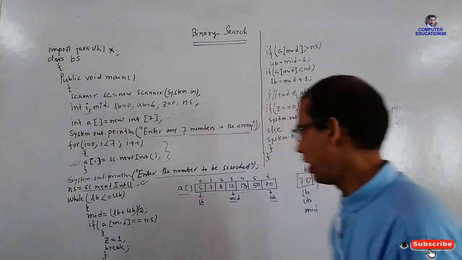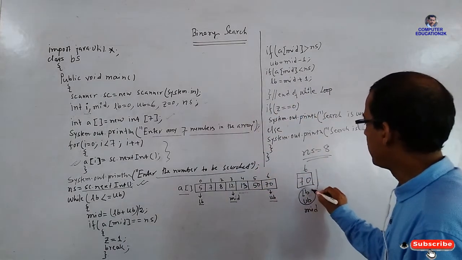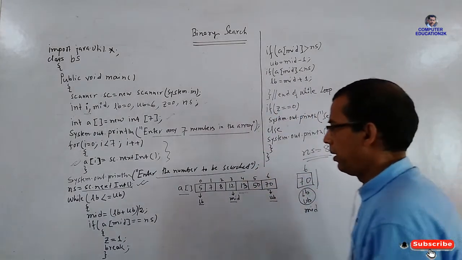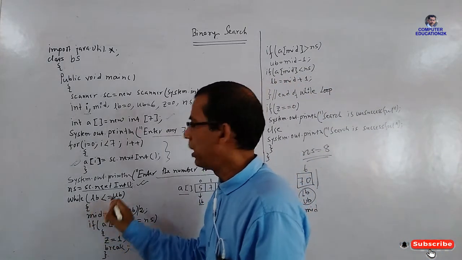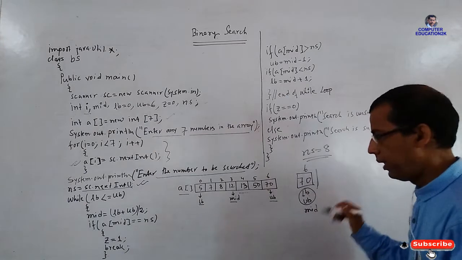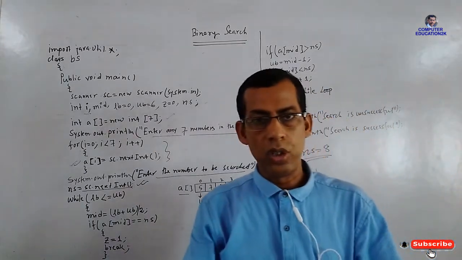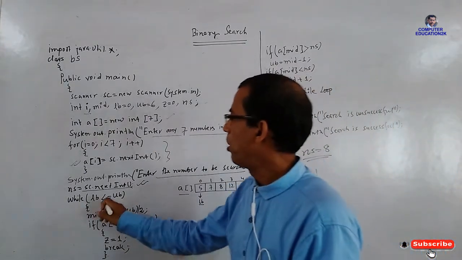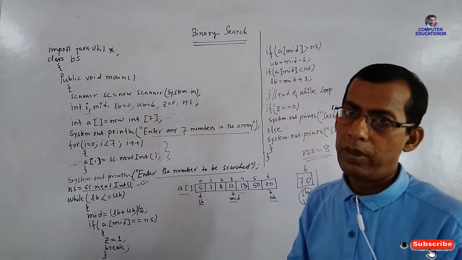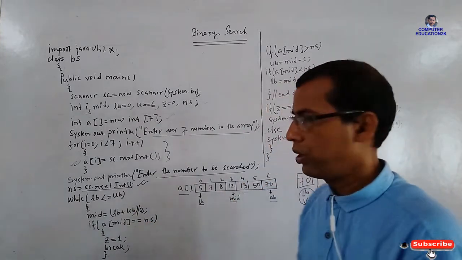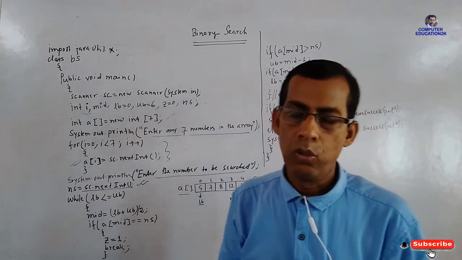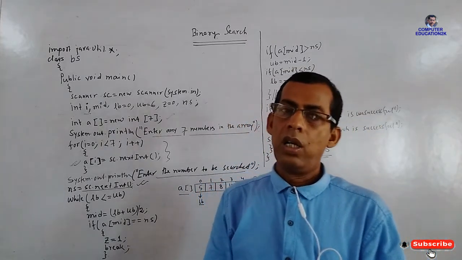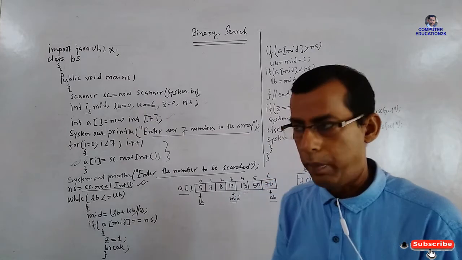When the lower bound and upper bound both became the same. That's why the condition is while lower bound is less than or equal to upper bound, till then the searching will continue.